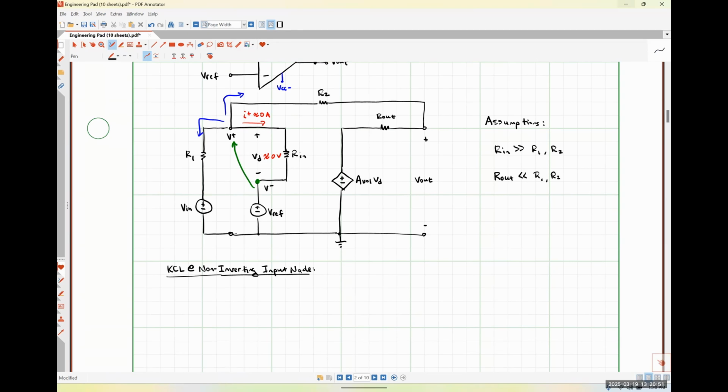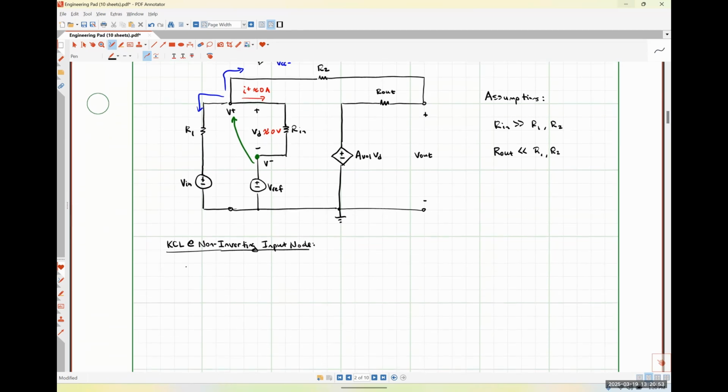So I'm going to have Vref minus Vn over R1 plus Vref minus V out over R2 is equal to 0.